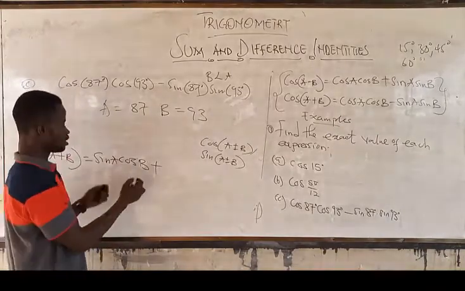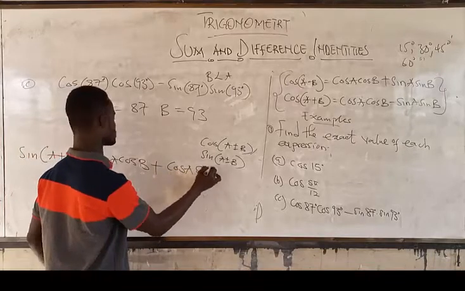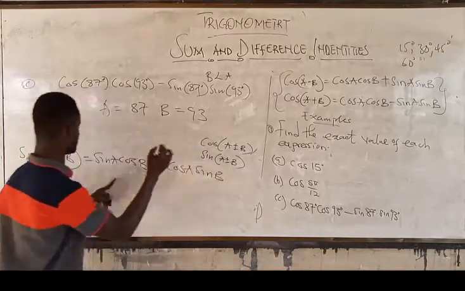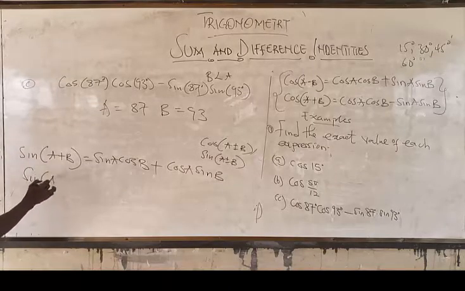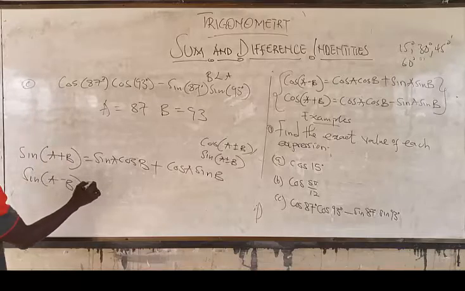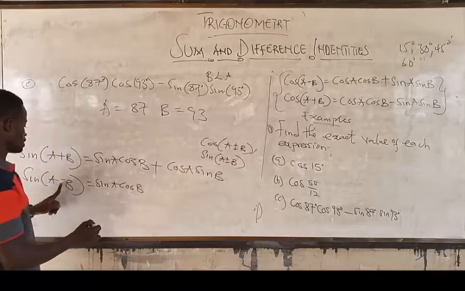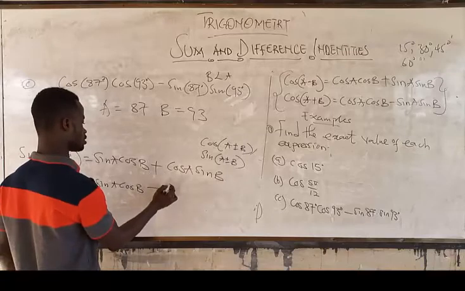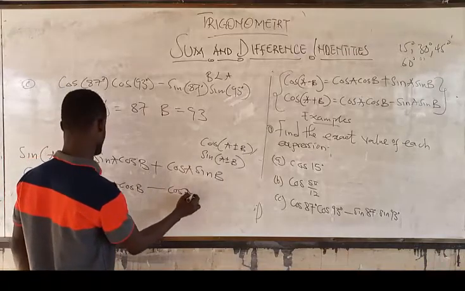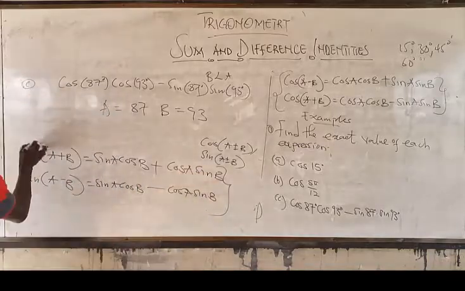Here cos picks B, here cos will pick A, then sin B. Alright. The next one, sine of A minus B will be equal to sine A cos B minus cos A sine B. So that is the formula for that.